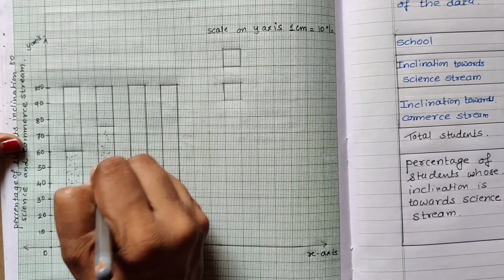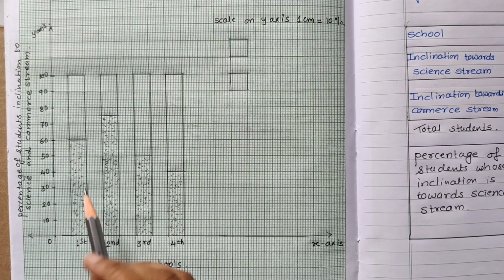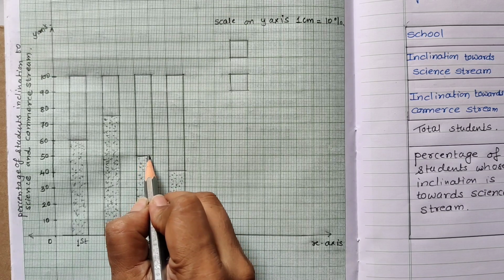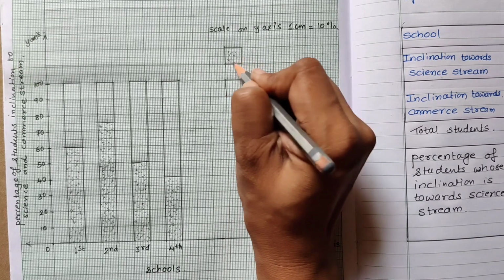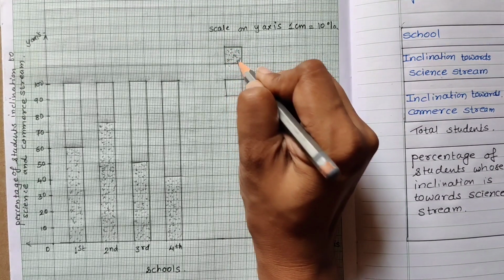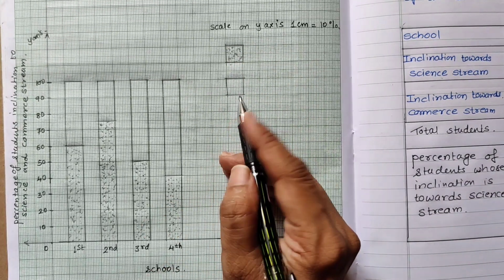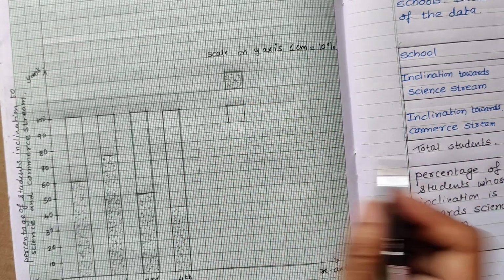We will be showing all the bars. So I have put dots in all these 4 parts of these bars, and that means what? This part which is shown by dots is the percentage of students whose inclination is towards science, and the blank part is for the inclination of students towards commerce.